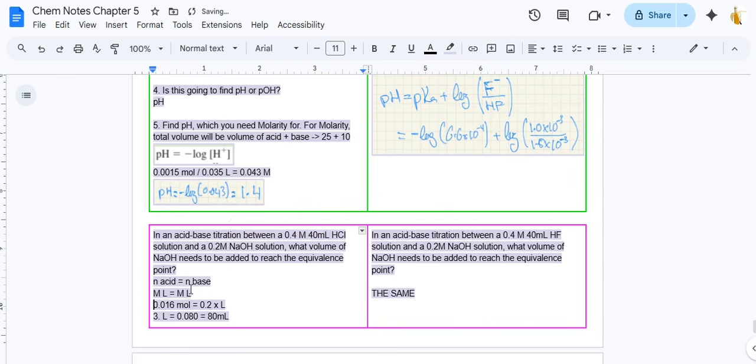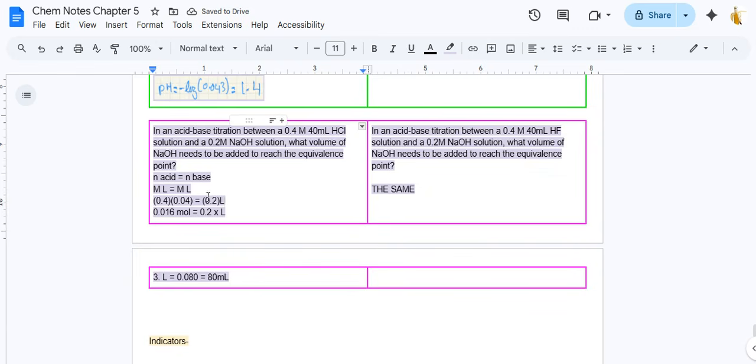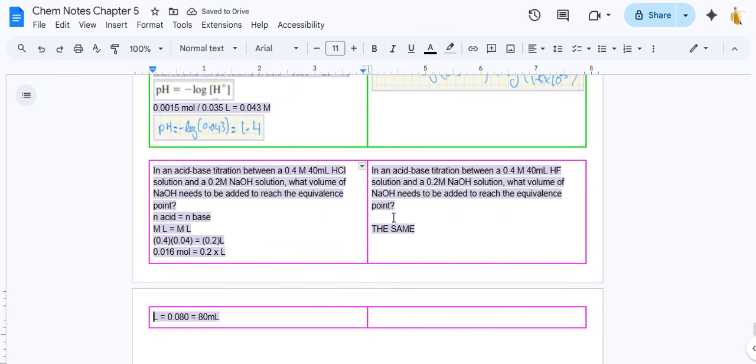So it'll be 0.4 times, again, convert the milliliters to liters, equals 0.2 molarity times L. And then you can find L. That's how you find L for this.